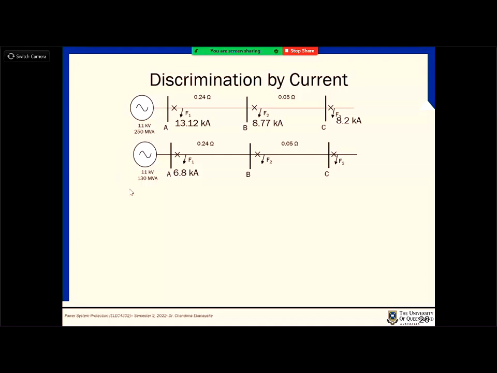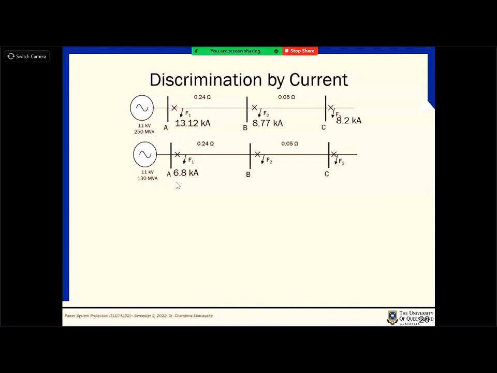Now if the short circuit level has changed, that will affect the short circuit current or fault currents in different locations. For this 11 kV with 250 MVA, the fault current at this location is 13.12. But now when this is dropped to 130, the fault current dropped to 6.8 kiloamps.